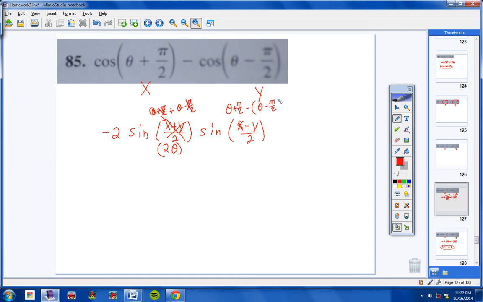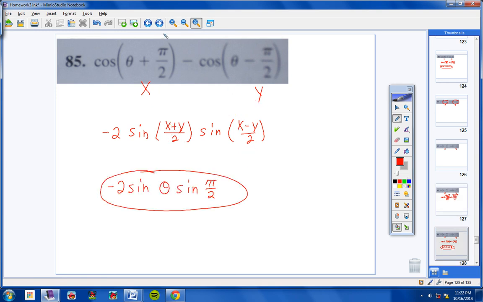Now watch your signs. You have theta minus theta. They're going to cancel out, okay? You got pi over 2 minus a negative, so plus. You got pi over 2 plus pi over 2. That's like a half a pi plus a half a pi. That gives you a whole pi, okay?